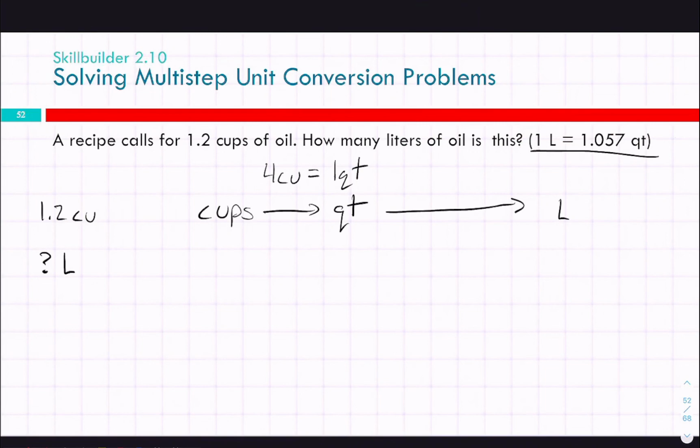And then to go from quarts to liters, 1 liter equals 1.057 quarts. And this is something that you've probably experienced already, I'm sure, on the unit analysis worksheet. For longer conversions, it's definitely going to be harder at first, but you'll start to get the feel for different conversion factors.